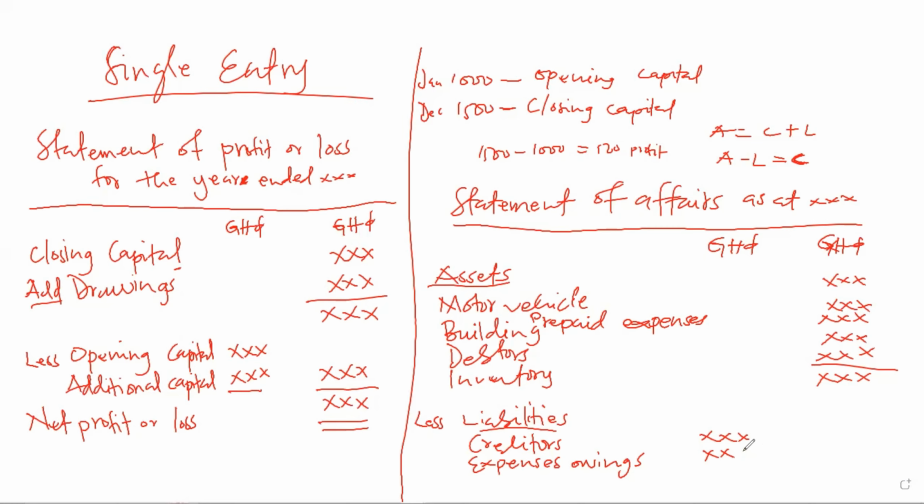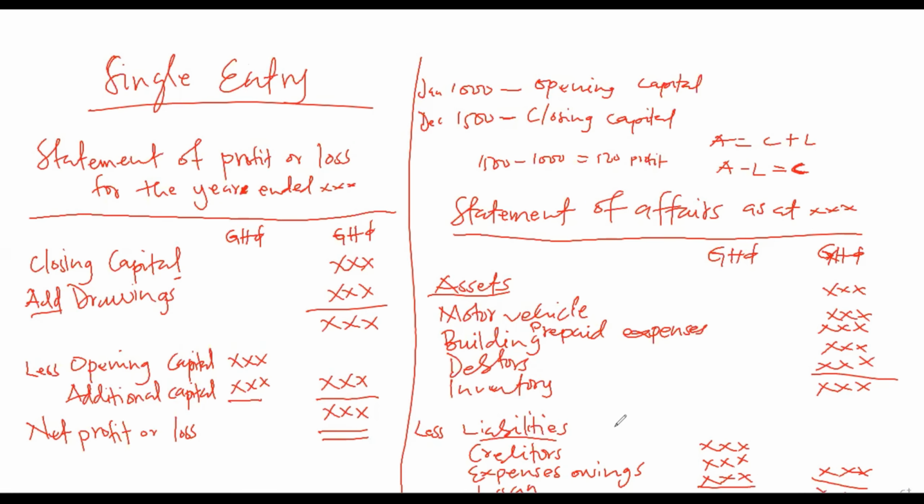So we add all the assets and liabilities in the question. Let me add loan to it. So when you add all this, then you come and less from your total assets. So when you less from this, the answer that you get is your what? Your capital. That is how we prepare the statement of affairs.